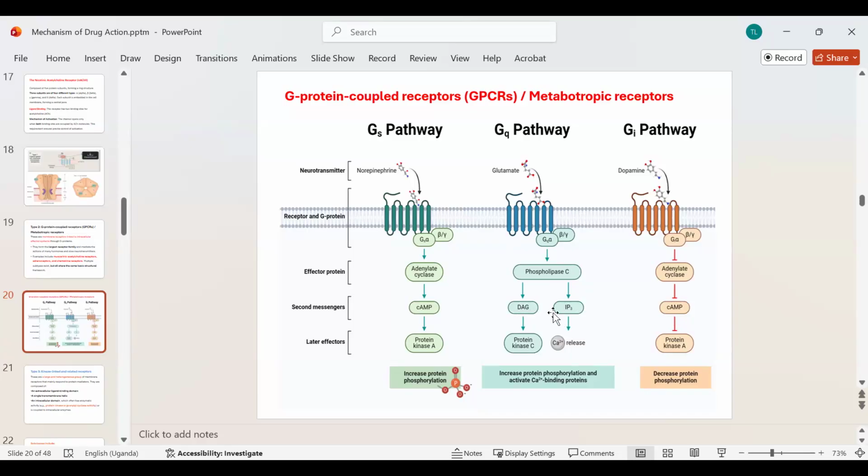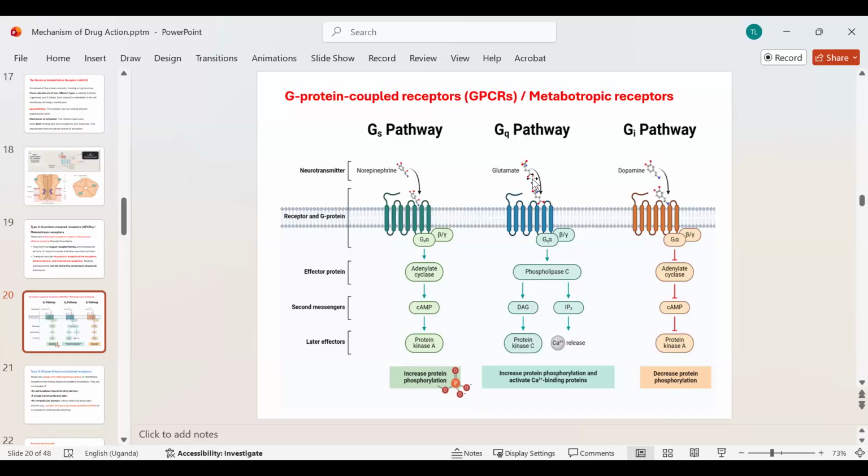The major differences between Gq and Gs and Gi are around here. There are quite a number of objective questions that come from here that can end up confusing students. People can ask you about phospholipase C and the secondary messengers that are usually produced.